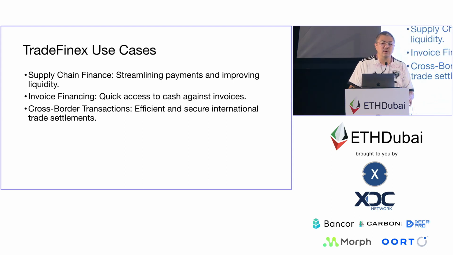In terms of use cases, besides trade finance, I think we are slowly increasing our scope to also include the likes of supply chain financing, as well as invoice financing and invoice factoring.